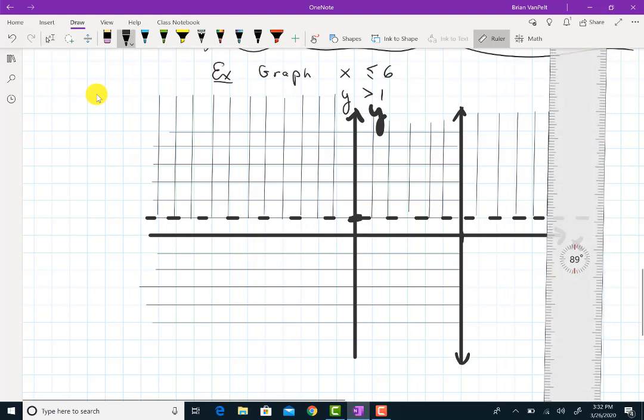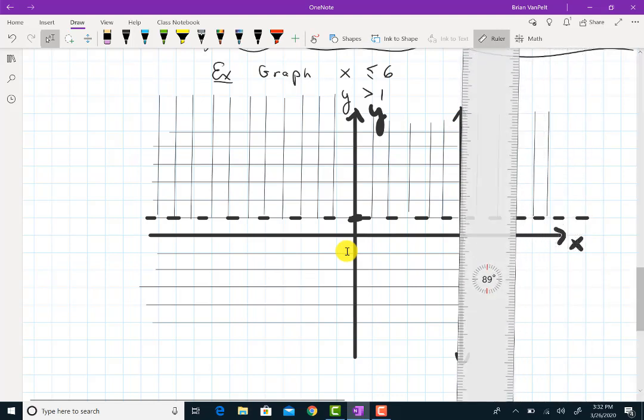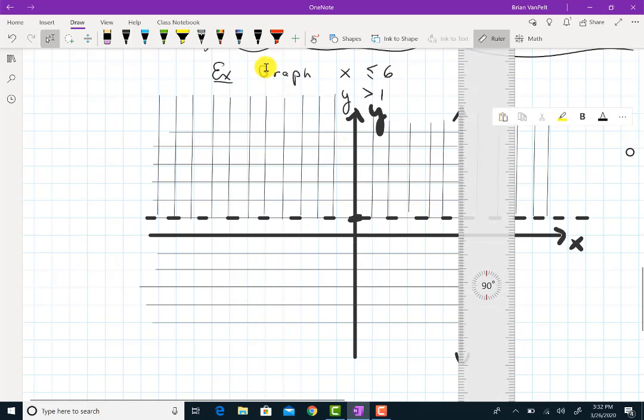But I think this is far enough where you can see the region is this kind of rectangular region here. So let me bring my thing back and let me go ahead and put in my shading. Let's see if that'll work. So let me grab my shader, go down to there. Not exactly what I wanted.